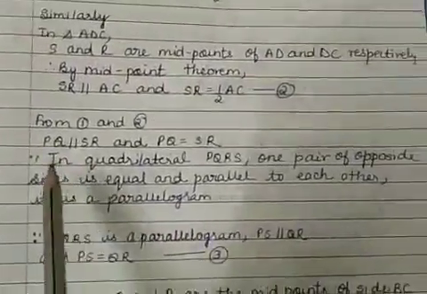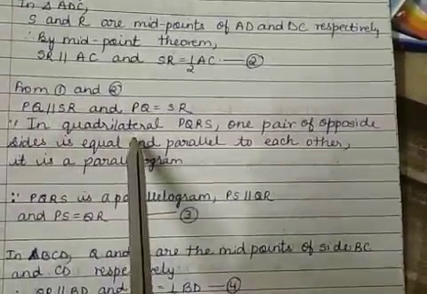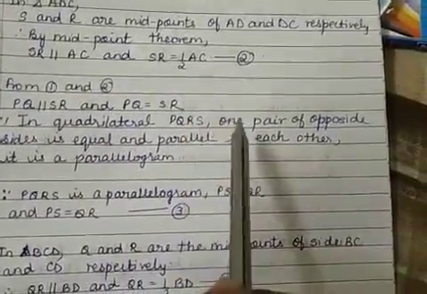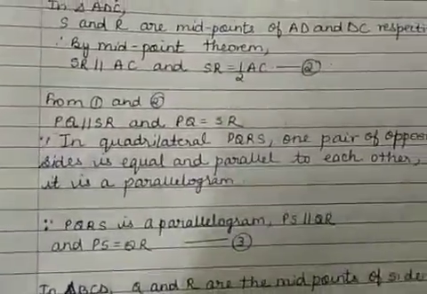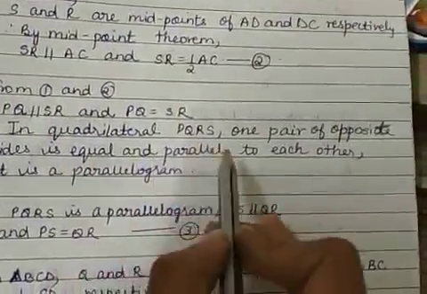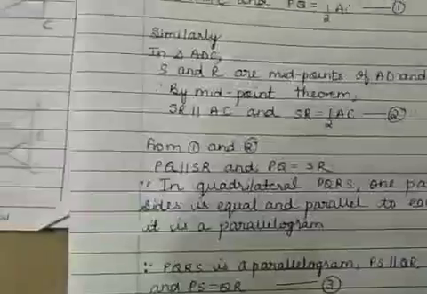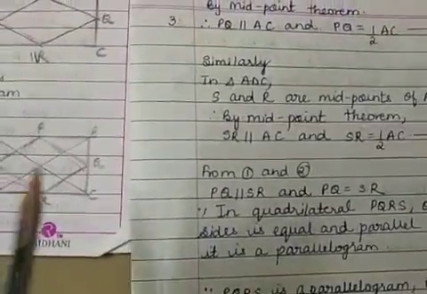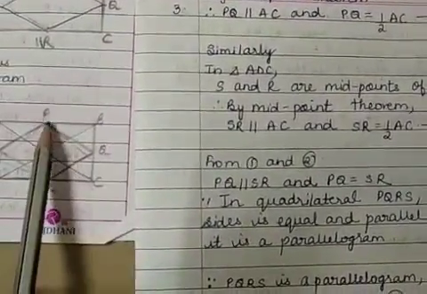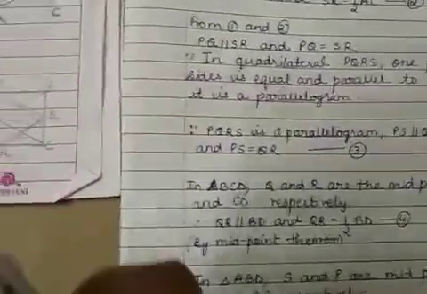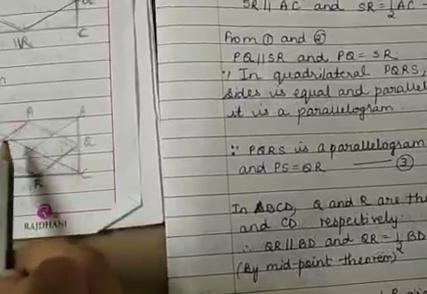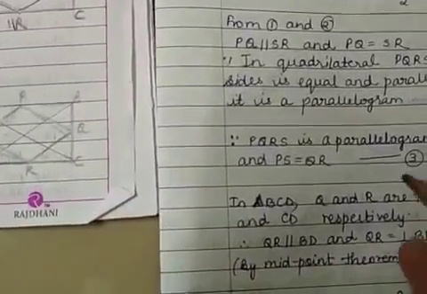So we know a theorem which says if you have a quadrilateral in which one pair of opposite sides is equal and parallel to each other, then it is a parallelogram. So in this quadrilateral, we can say PQRS is a parallelogram. Now since PQRS is a parallelogram, you know opposite sides are parallel as well as equal, correct?